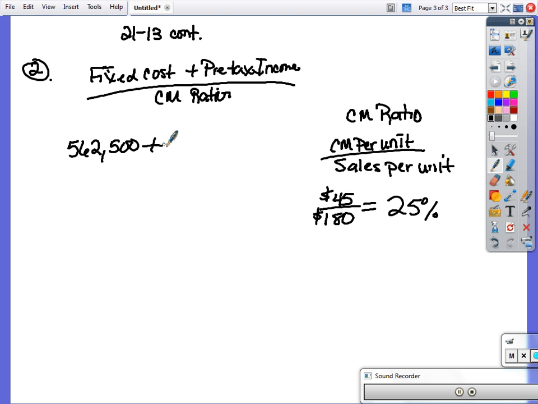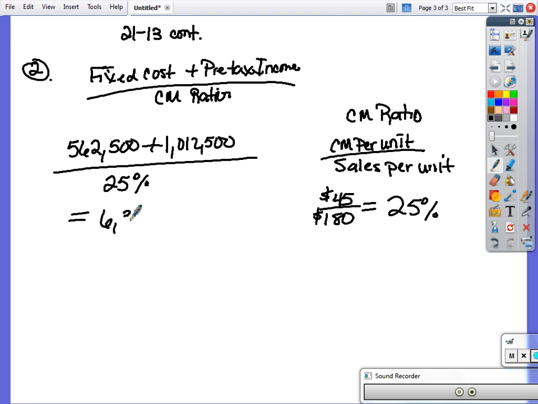Pre-tax income was 1,012,500 divided by 25%, which equals what? 6,000,000. 6.3 million. 6,300,000. Good.